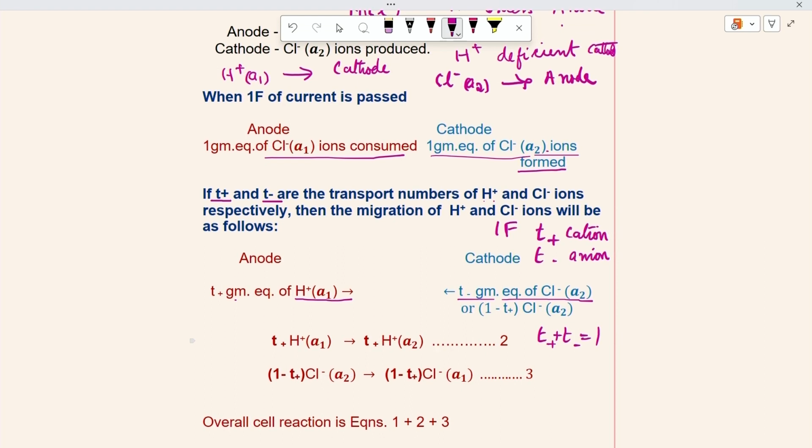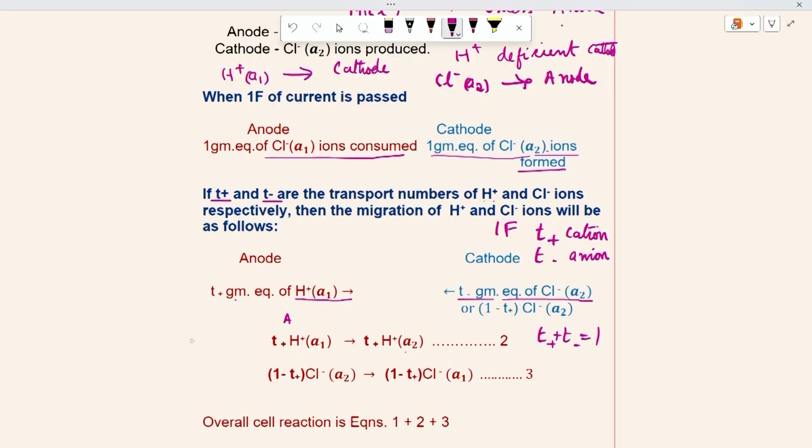Now, I am going to express this in the form of an equation. T plus of H plus of activity A1, that is in the anode, goes to the cathode. When it reaches the cathode, the number will be the same, that is the number of equivalents of H plus ions is T plus itself, but the activity will be different, that is A2.